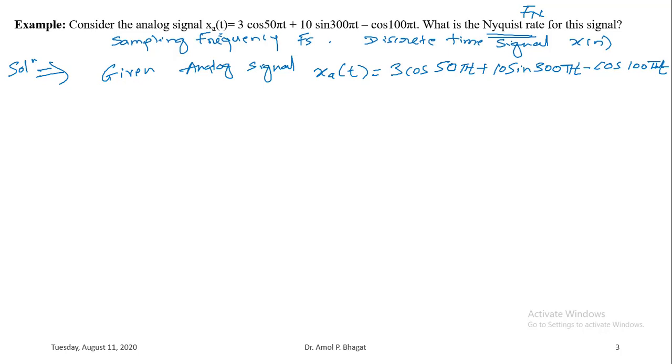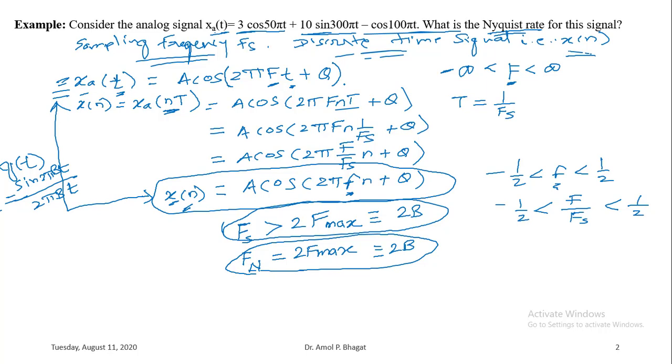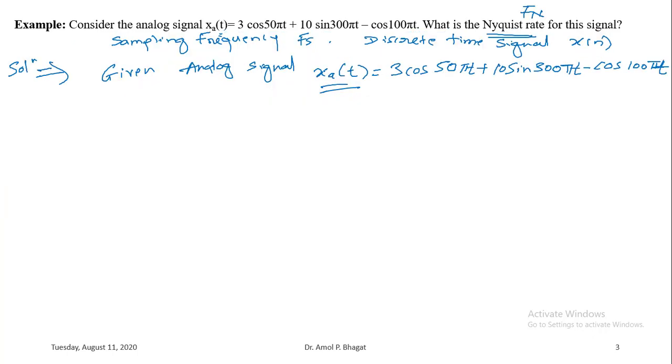So if you compare this given analog signal x of t with what we have considered in the previous slide, we have considered x of t as A cos 2 pi f t plus theta. This we considered in the previous slide as an analog signal.